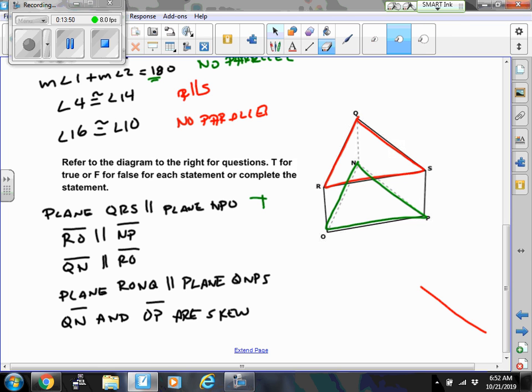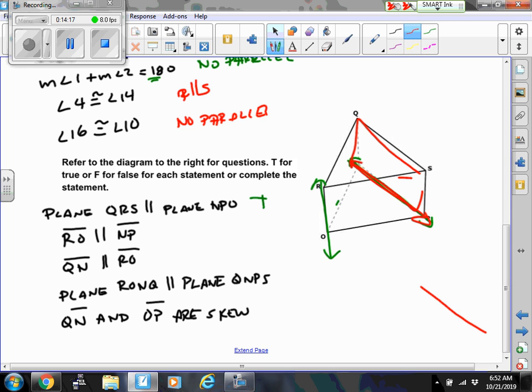RO and NP, those guys are not on the same plane. If I look at NP, it's on the bottom plane, on this triangle here. This one's not even related to it. It's completely separate. They can't be parallel unless they're on the same plane. That's false.